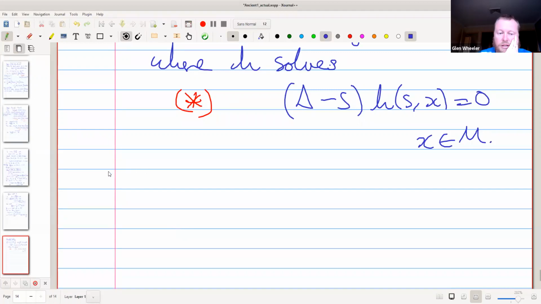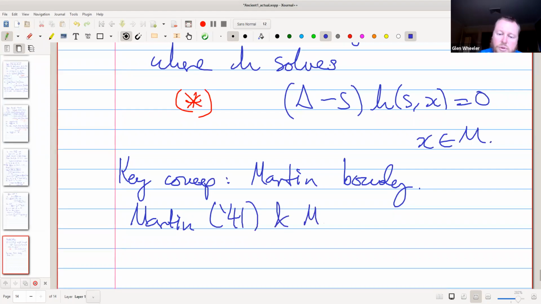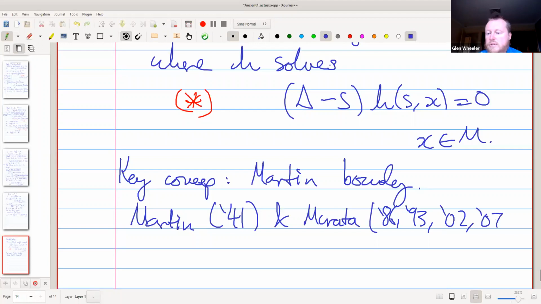And okay, so the key concept here is of something called a Martin boundary. Some things to look at: I'm not an expert, but Martin's paper in 1941 in Transactions, and Murata has a series of papers. The ones that are referenced by Lin and Zhang are the 86, 93, 02, and 07.